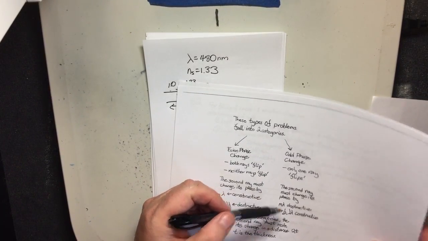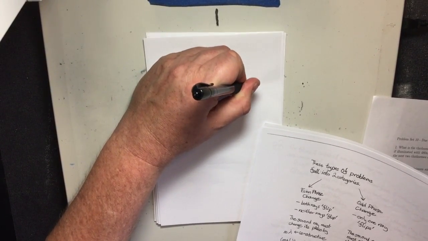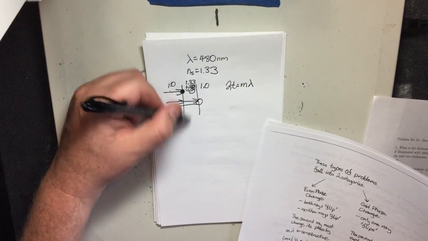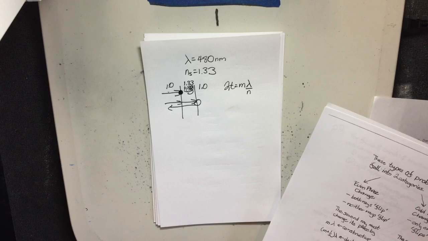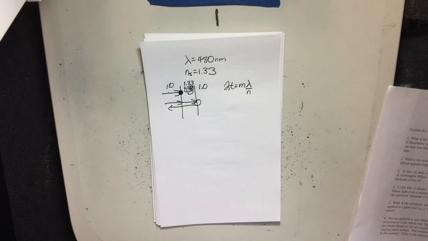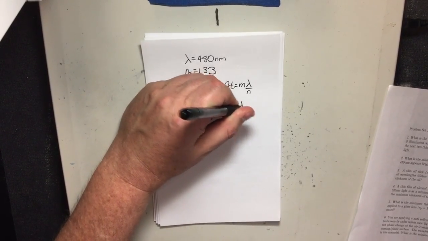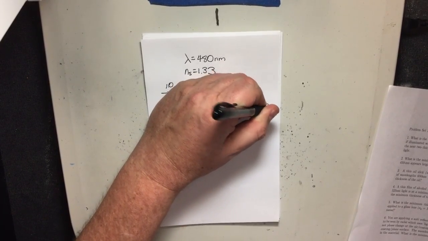Odd destructive is m lambda, so 2t is equal to m lambda. The lambda is 480 in air, but since we have to take into consideration the index of refraction of the middle, we put the n in there. Next, give the next two thicknesses of the bubble that would appear black in the same light. So thickness is m lambda over 2n, where m is equal to 1, 2, and that's it.